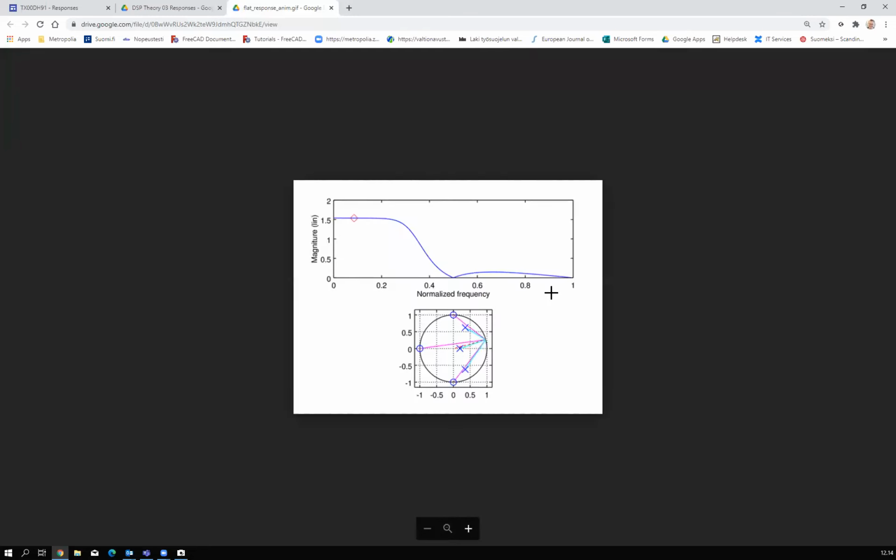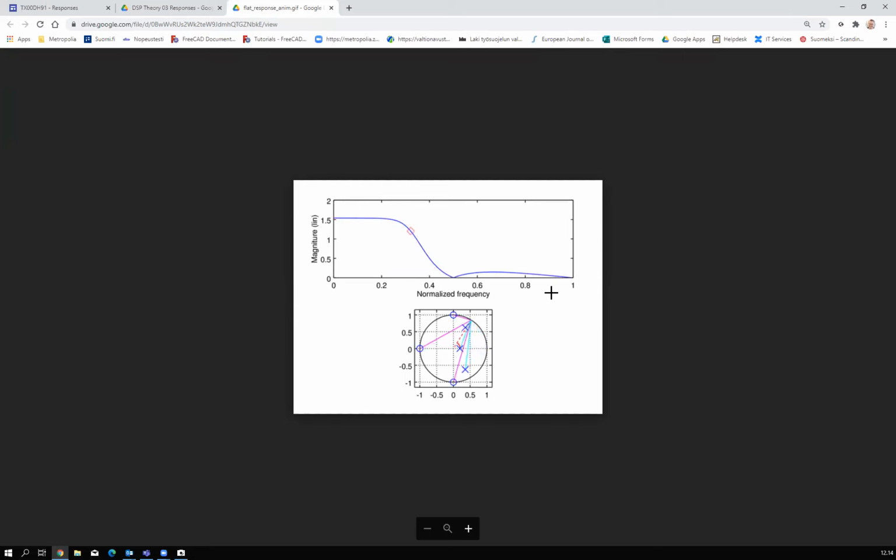Okay, so flat response. I have 3 poles located at those angles, and this is one of the filters you would have really bad trouble doing in the analog domain.